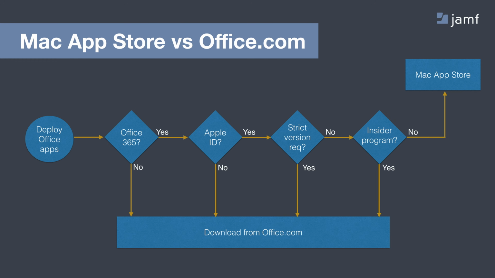Finally, Microsoft makes available the Insider program, where users can get early access to builds and new features. These are obtained through what we call the Insider Fast or Insider Slow channel. However, only the final production build is available from the Mac App Store. So if you want some of your users on the Insider program, you should get the builds from Office.com.